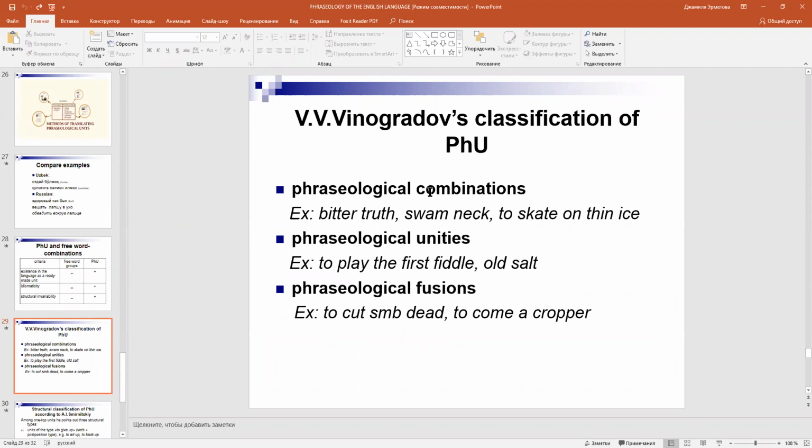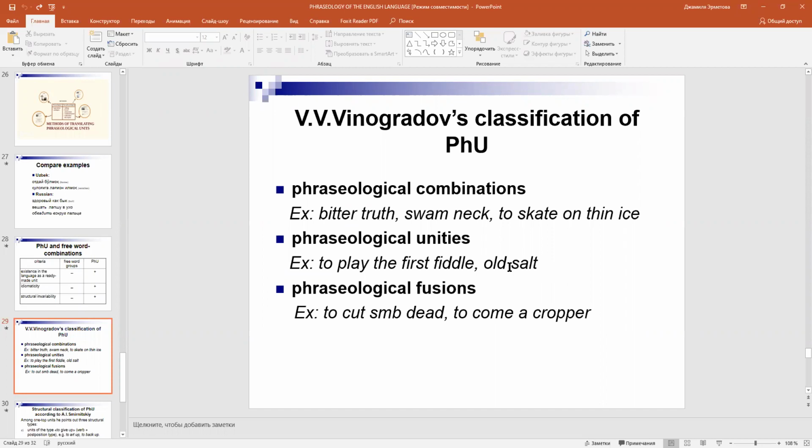For example, Vinogradov's classification of phraseological units, phraseological combinations. It is understandable according to the meaning of one component. Phraseological unities, they are united. For example, old salt. How do you translate the phraseological unit old salt? We cannot translate it.